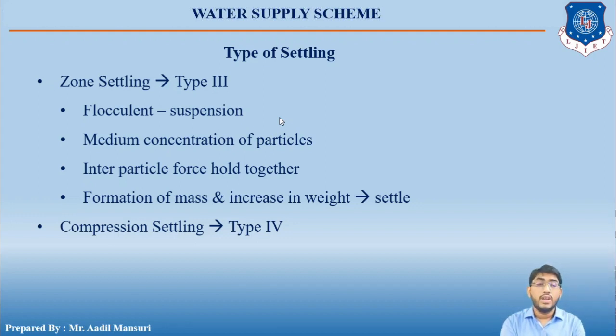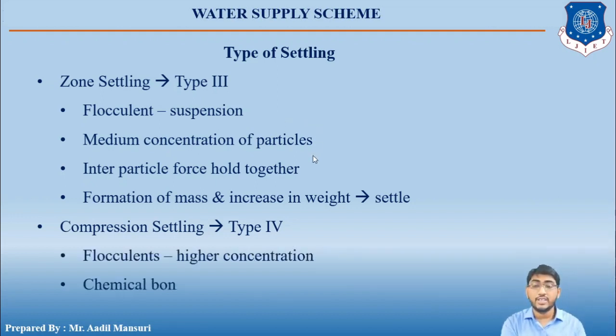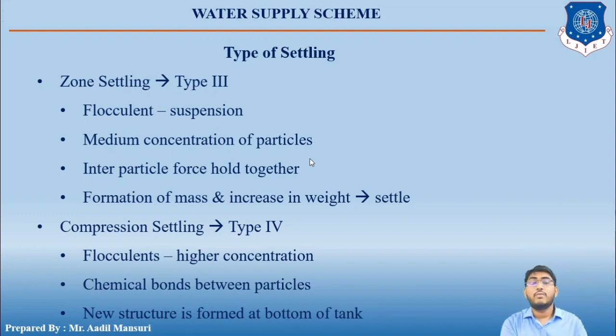In a water treatment plant, only type 1 and type 2 settling are encountered, right? Once again, in compression settling, flocculants are in high concentration, and due to the chemical bonds formed between the particles, they form a new structure at the bottom of the tank. So this is all about the types of settling.